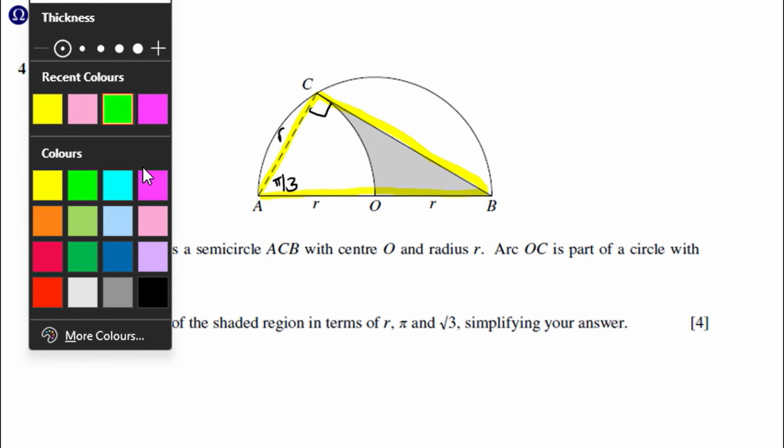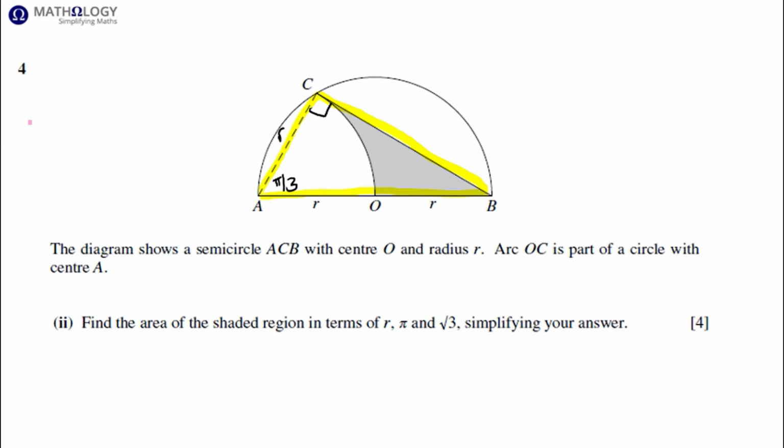We're then going to find the area of the sector ACO, and subtract that area from the area of triangle ABC. So the area of triangle ABC will be a half base times height. The base is AC, which is R, and the height is BC. So we first have to find BC in terms of R.